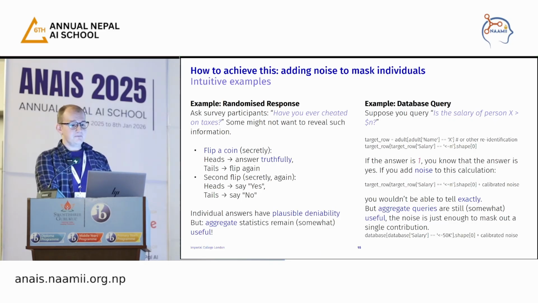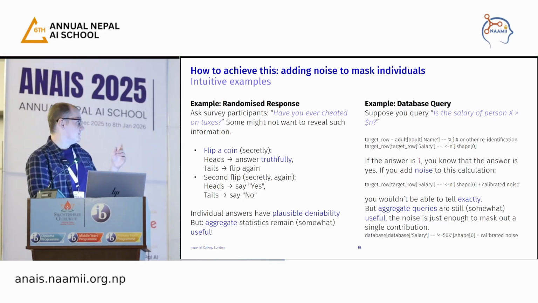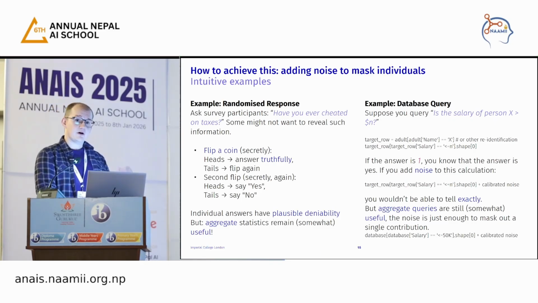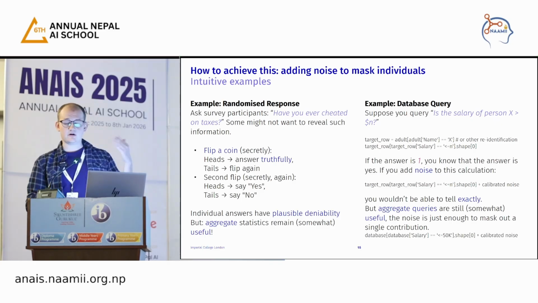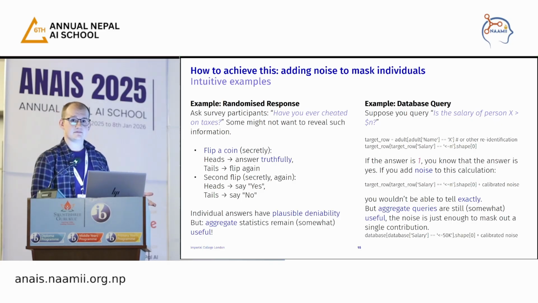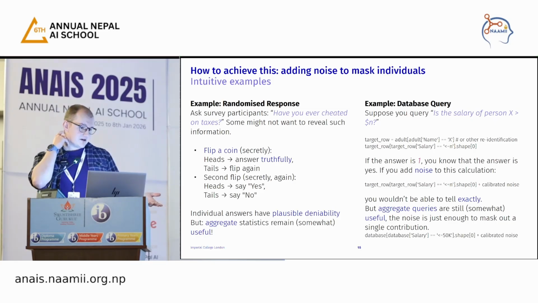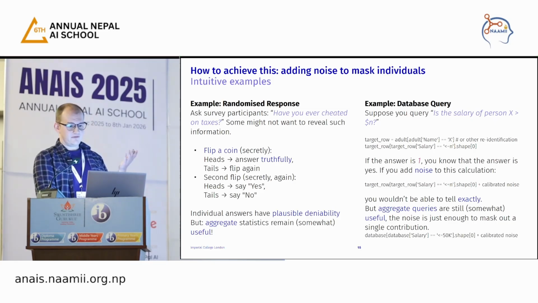So the way to deal with that is you ask the participant to flip a coin without showing the result, and only if it lands on heads, they need to answer truthfully. Otherwise, if it lands on tails, they flip a coin again and essentially give a random answer. In this way, at the individual level, you have plausible deniability.